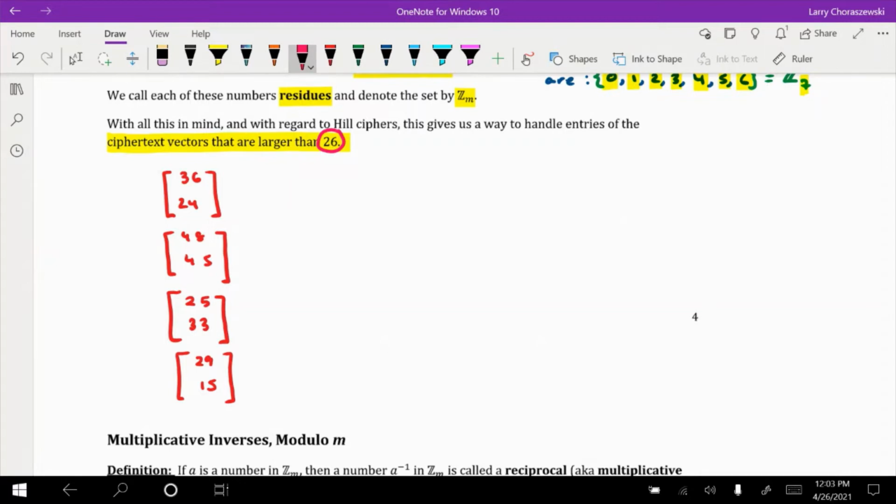And so in order to handle the 36, I'm going to say that this vector is congruent to a number in the first entry, which is 36 modulo 26, whatever that reduces to. And 24 is smaller than 26, so we don't need to do any reducing for that value. But let's think about it. If I had asked this question, 36 is congruent to blank mod 26, what would you put in for the blank?